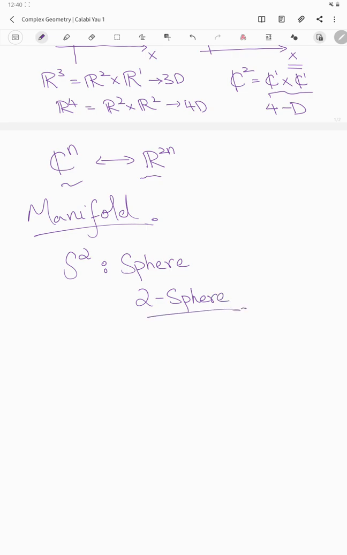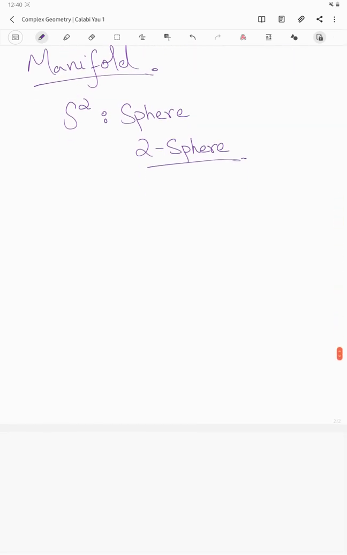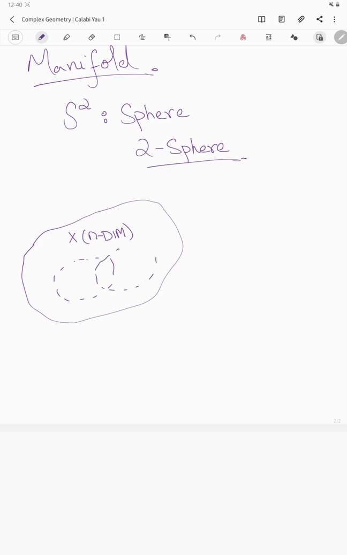Okay. Now to make things a bit more precise for manifolds, consider this space. Let's first consider the real case, where we take X as n dimensions, where X is real. And let's consider two pieces in this space which overlap each other.